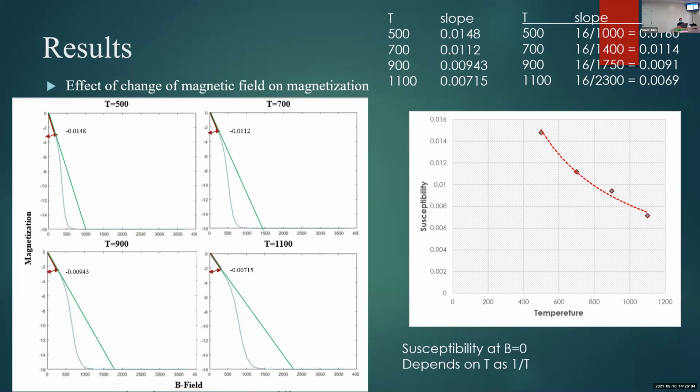Magnetization for a small magnetic field is proportional to the magnetic field, as I said before in the last two slides, which is consistent with the Curie law. The right-hand side figure shows the calculated susceptibility, which fits nicely to the hyperbola function. And as you see, the results are consistent with the Curie law.